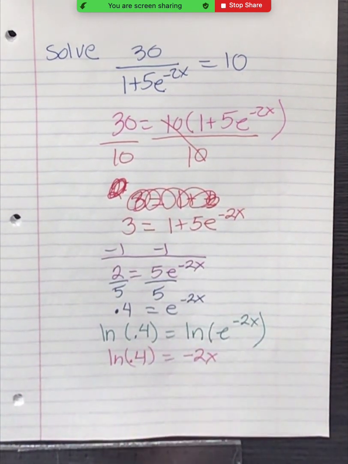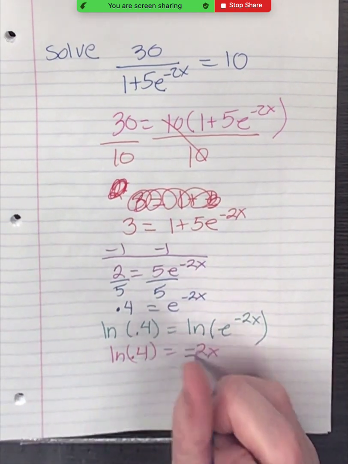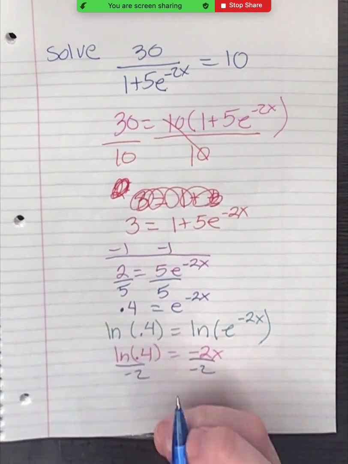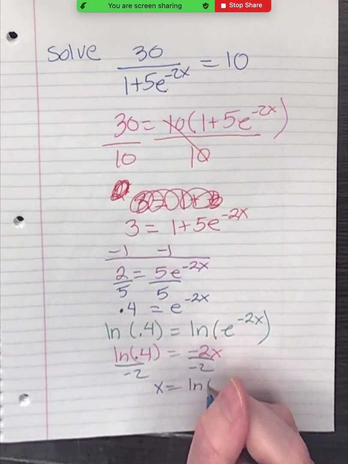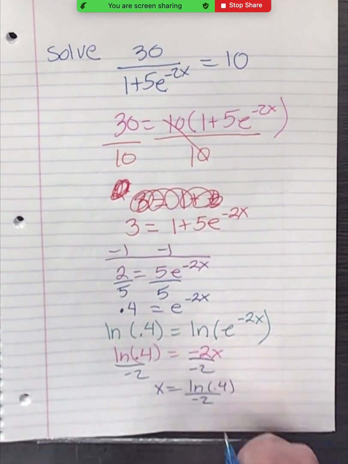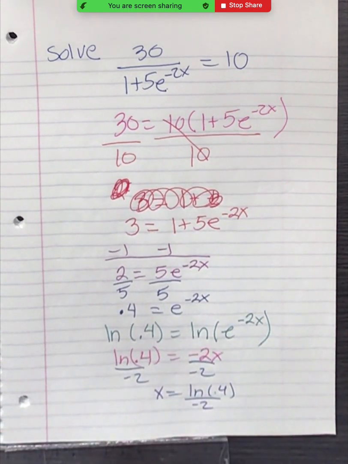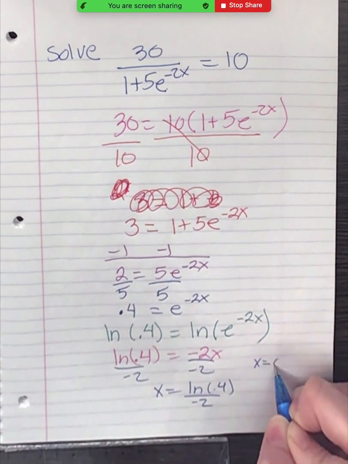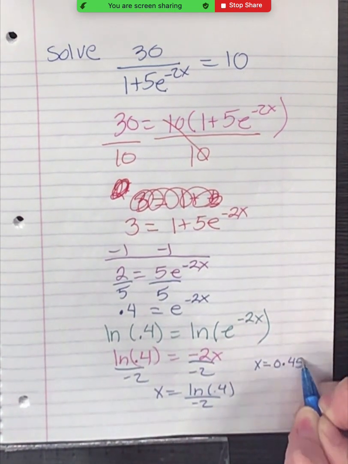Then to get x by itself, you want to divide by negative 2. So x is the natural log of 0.4 divided by negative 2. You can use a calculator, and you get x is 0.458.